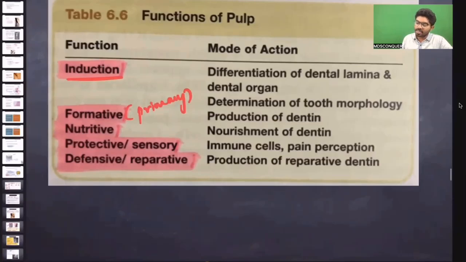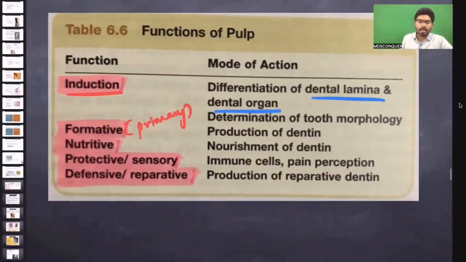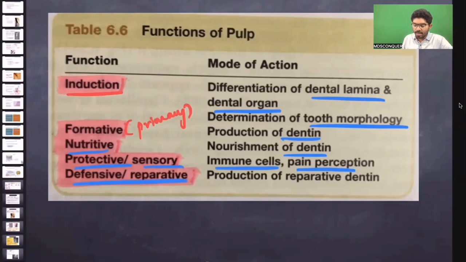It is inducting the differentiation of dental lamina and dental organ, which determines the tooth morphology. Then dentin formation, nutrition, giving nutrition to the dentin, protection and sensory, because it has some sensations, that is pain, and it has immune cells. Lots of immune cells are present in the pulp. And defense and reparative, it helps in formation of reparative dentin.